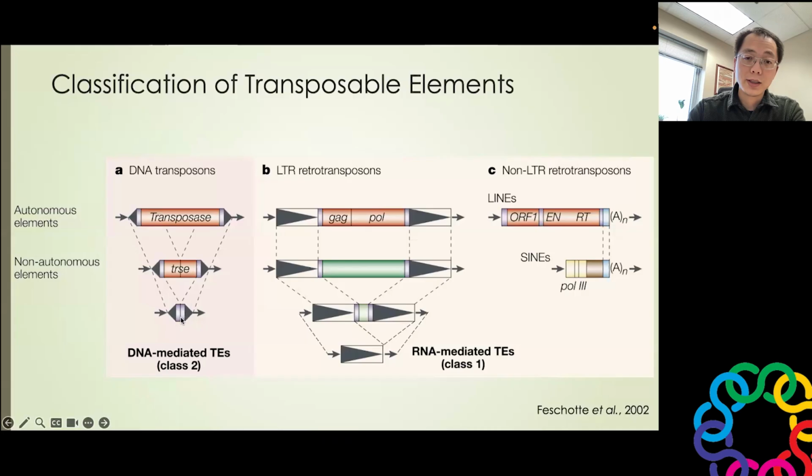And if you further fragment them, they can become highly fragmented pieces or remnants. The class 1 retrotransposons include LTR, with a long terminal repeat, and non-LTR, without the long terminal repeat, usually LINEs and SINEs. In plants, as I mentioned, LTRs are abundant, and in humans, animals, and vertebrates, lots of them are LINEs and SINEs. Okay, so today the focus is on LTRs.